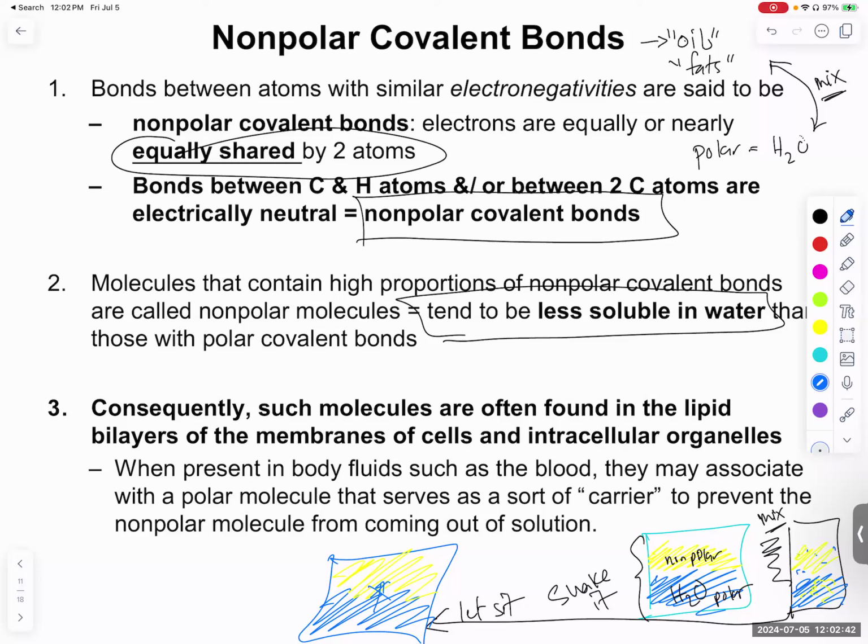And so again, when we talk about the phospholipid bilayer, this is just a preview. Here are the phosphate heads, and then you're going to have the lipid tails. This is making up your cell membrane. If you have all these polar molecules out here plus water, because you have intracellular fluid and extracellular fluid, it cannot go through it.